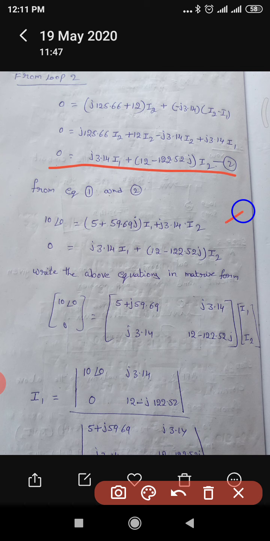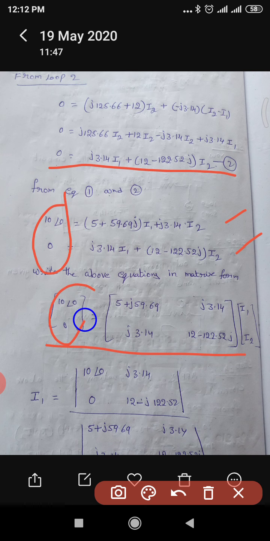This is equation number 1, this is equation number 2. From equation 1 and equation 2 we are writing the matrix form. These two equations are represented in matrix form like this. These are the voltages, 10 at an angle 0 and 0, that we are writing here.